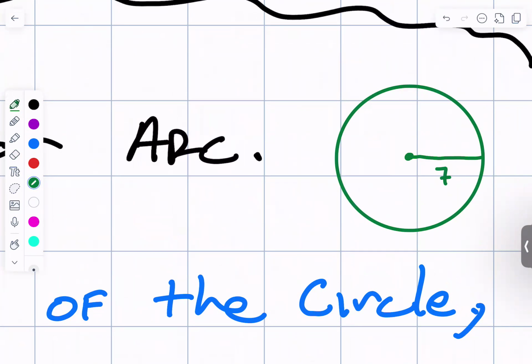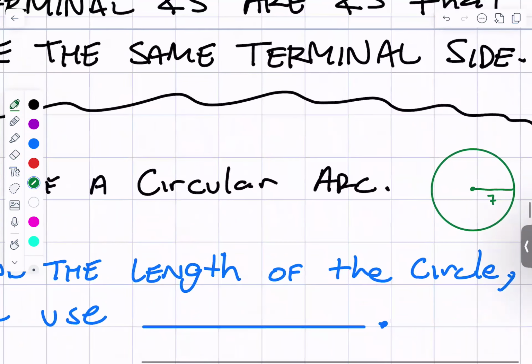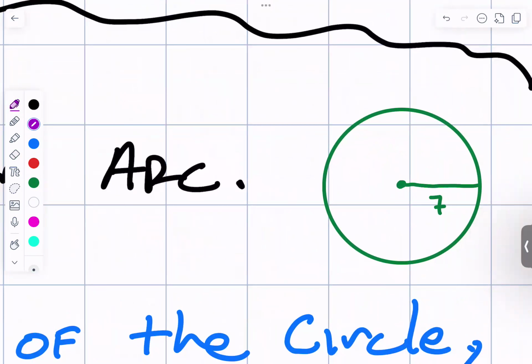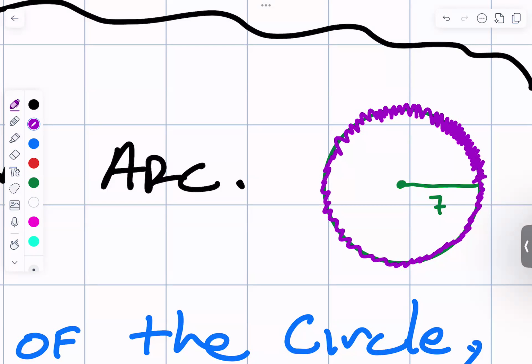The radius is 7. If I wanted to find the length of the circular arc of the whole thing here, I want to find the length of this guy here, correct?